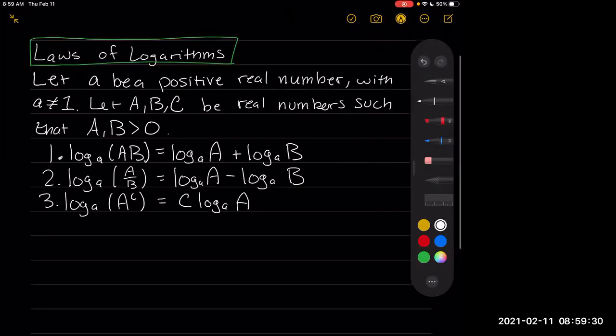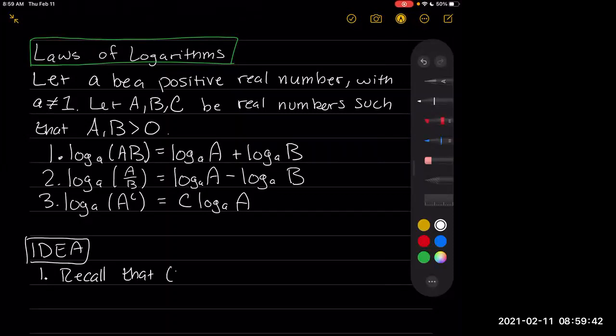So the idea behind this, for one, recall that when you have x squared times x cubed, this equals x to the 2 plus 3, which equals x to the 5th.